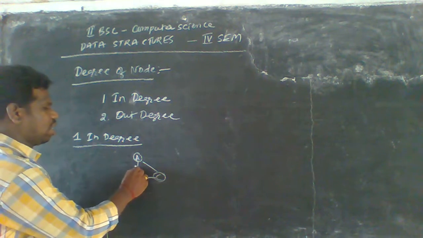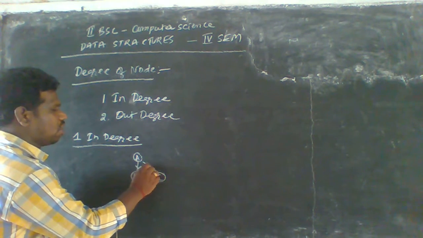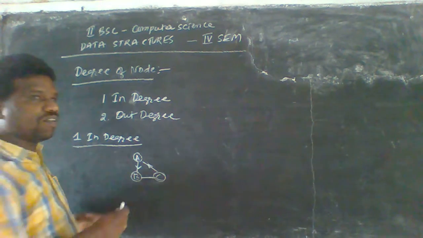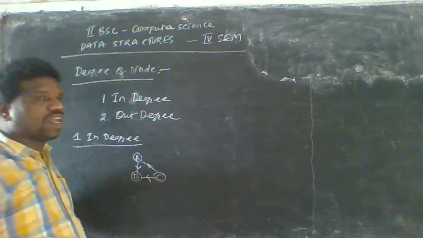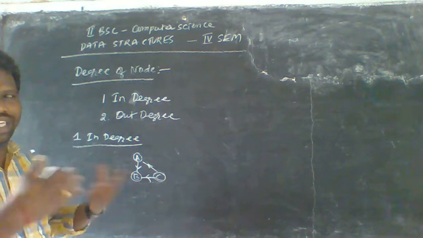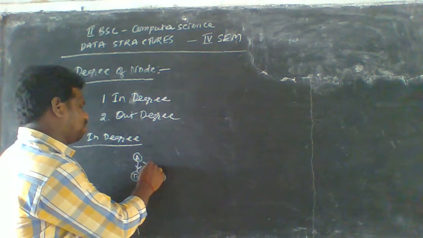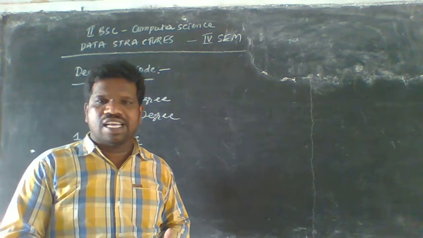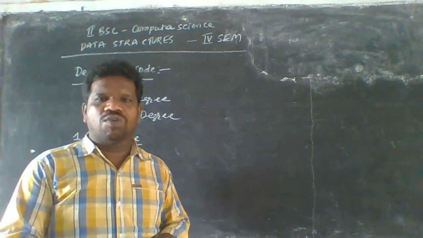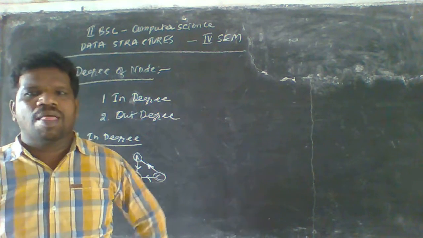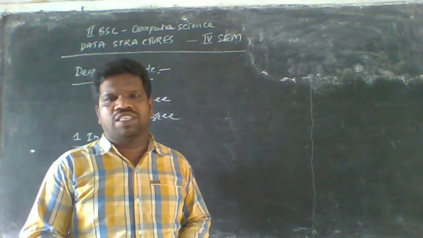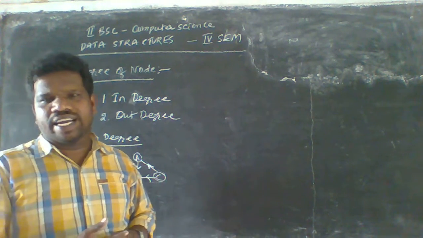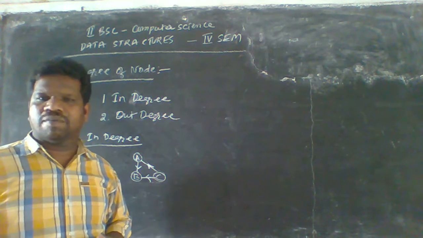For example, this is a direction from A to B, this is the opposite direction, and there is also a direction from C to B, and another from C to A. Using these directions we specify the degrees of the nodes. In this session I am drawing a diagram with the three nodes named A, B, C, and A contains some directed edges and B also contains some in degrees here.